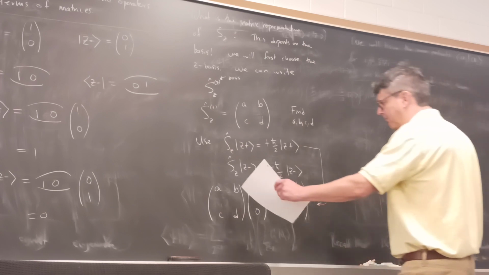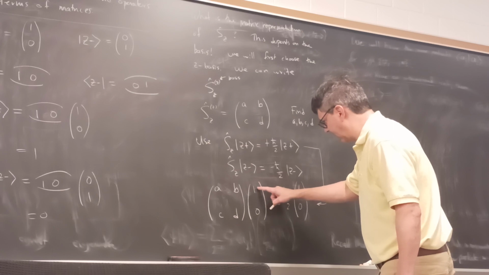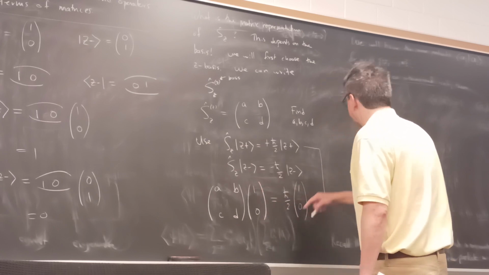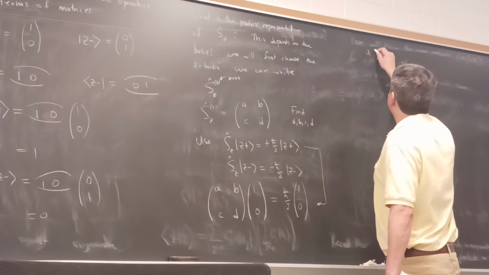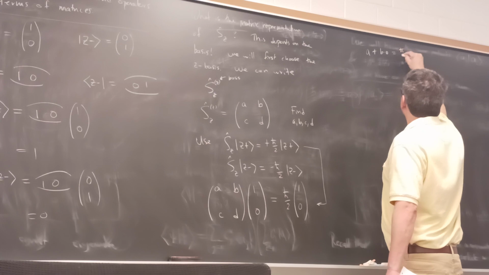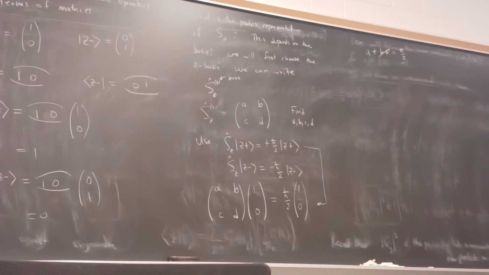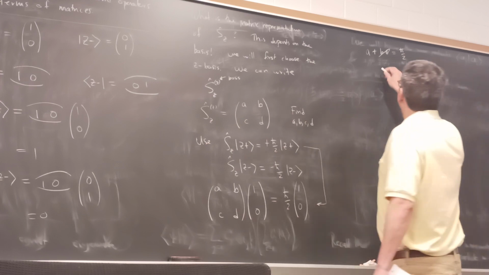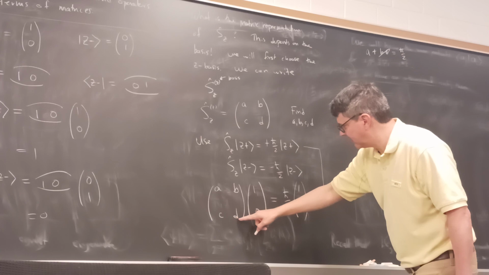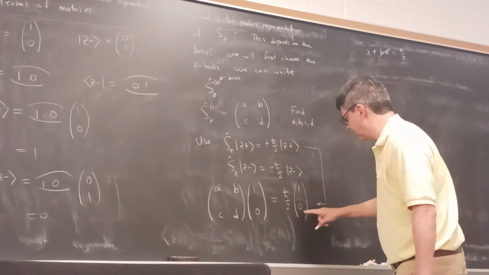Okay, so now we can do the multiplication. If I do the top row, I get A times 1 plus B times 0 is equal to h bar over 2. So we have that A is equal to h bar over 2, since B times 0 is just 0. And then here on the bottom row, we have C equals 0.